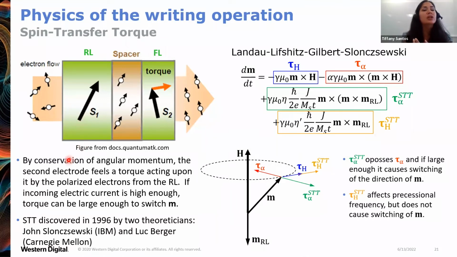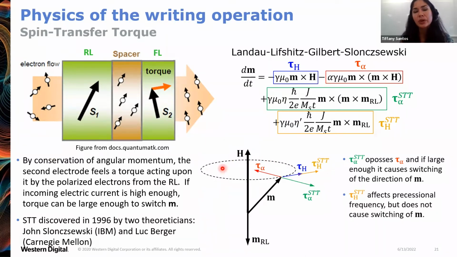By conservation of angular momentum, the free layer feels a torque acting upon it by the polarized spins coming from the reference layer. And if the incoming current is high enough, then the torque will be large enough to switch the magnetization. Spin transfer torque was discovered by two theorists in 1996, John Slonczewski and Luc Berger.